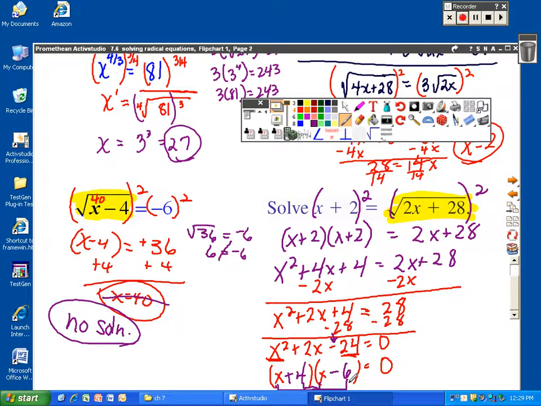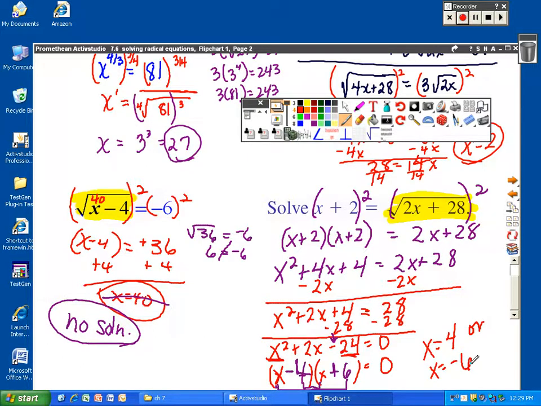Negative 6 and positive 4 make negative 2. I need positive 2, so this has to be the plus, and this has to be the minus. Negative 4, positive 6, yes, that does make positive 2. So x equals 4 or x equals negative 6.